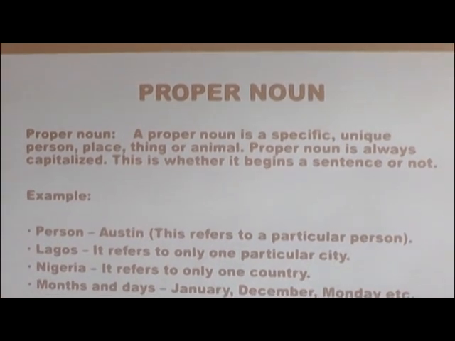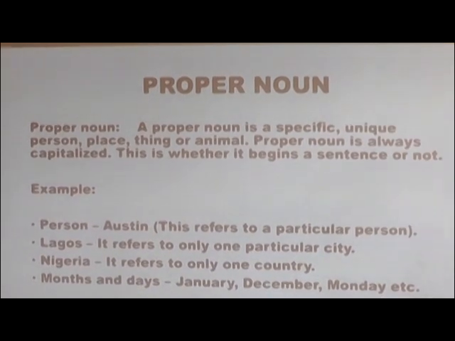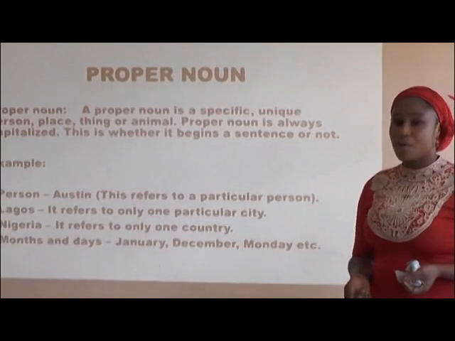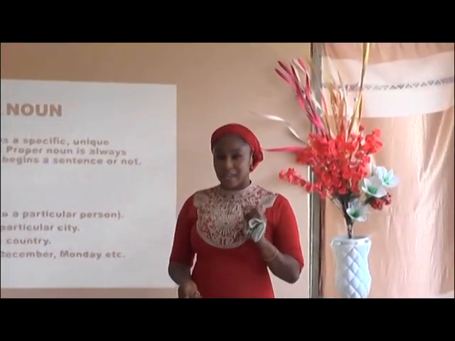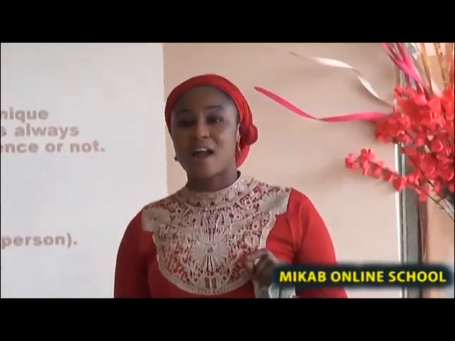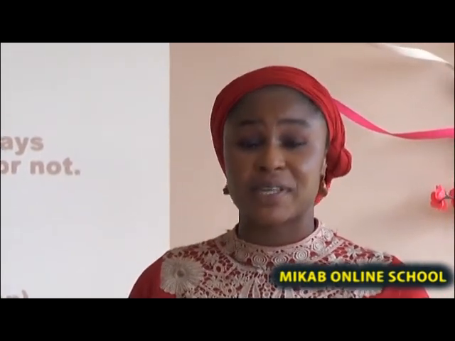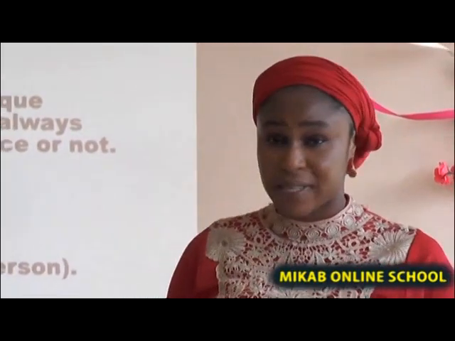Proper noun. A proper noun is a specific, unique person, place, or thing or animal. A proper noun is always capitalized. Listen, the first letter of a proper noun is always capitalized. The reason why it is capitalized is because it names a specific person.